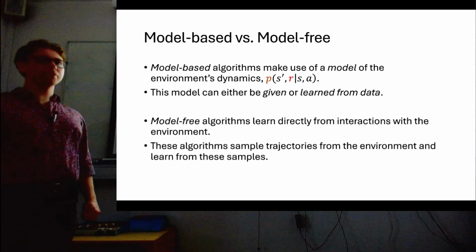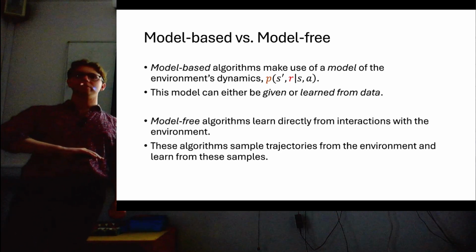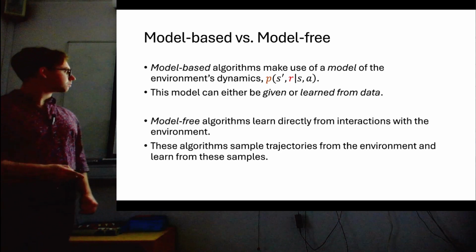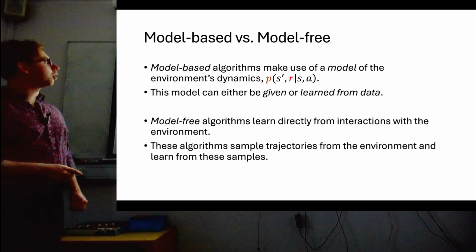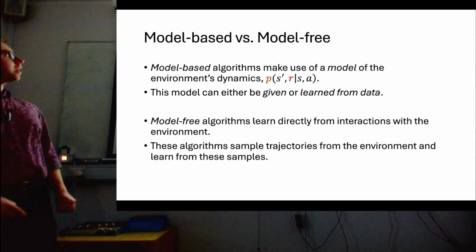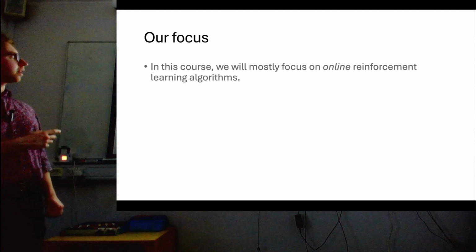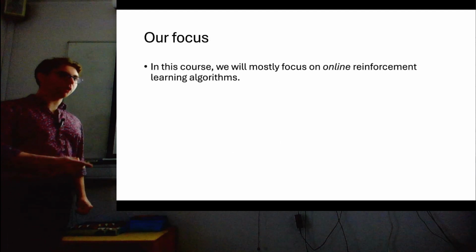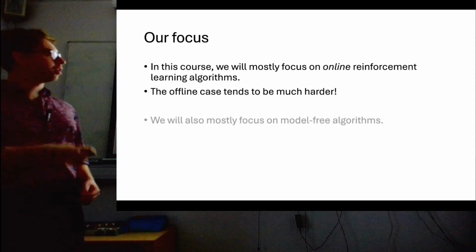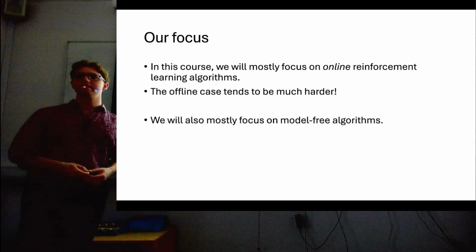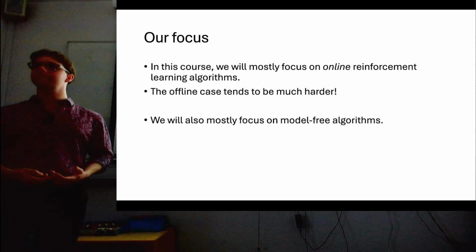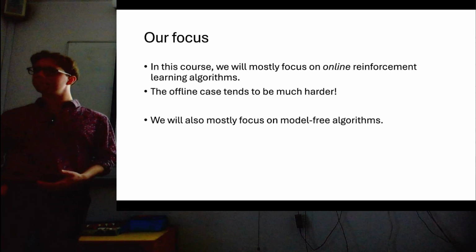You just sample trajectories from the environment, and you use these samples to learn. Again, our focus is that we're going to be doing online reinforcement learning most of the time. The offline case is much harder. And we're going to be doing model-free algorithms. The reason for focusing on these is that they form the building blocks that a lot of model-based algorithms end up using.